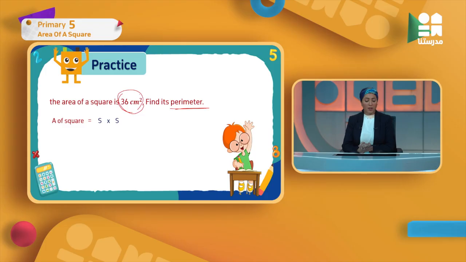How? We will use the same rule of the area. So area of a square equals side times side. Again, I'll do the same as I have just done in the other question.